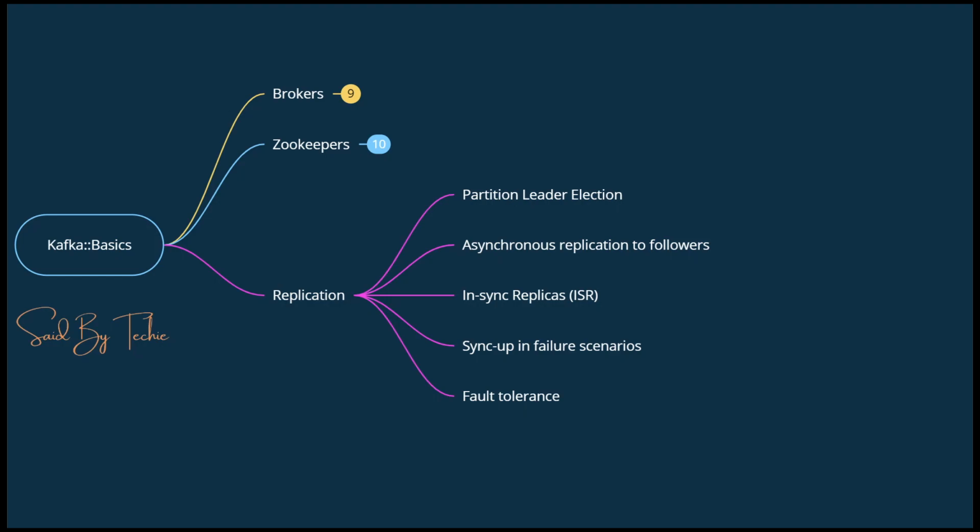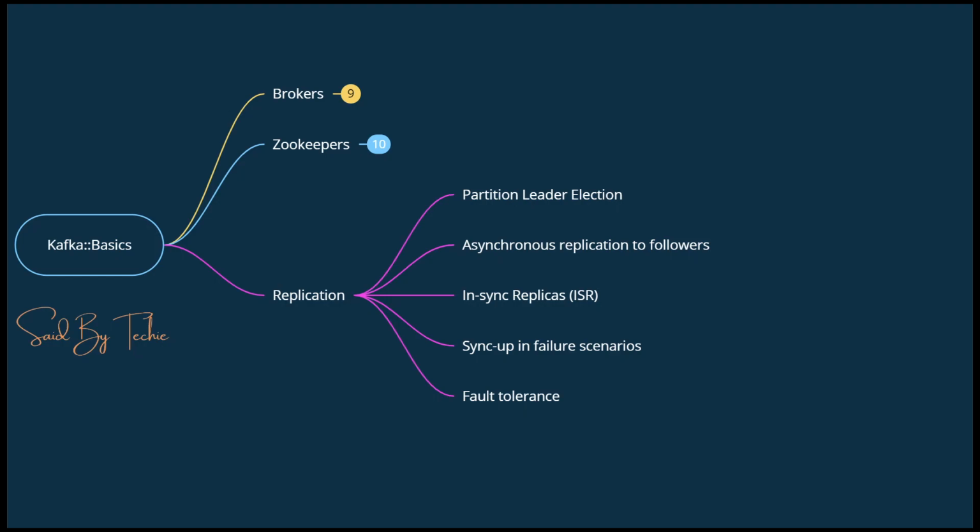There is a property within the topic where we can choose a replica which is not in sync to become the leader, right?